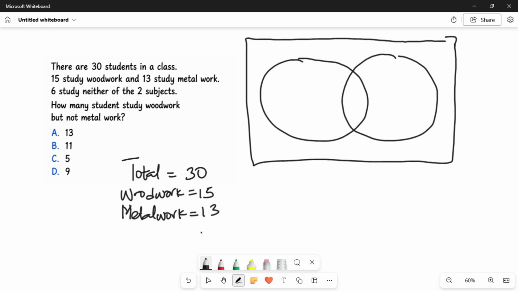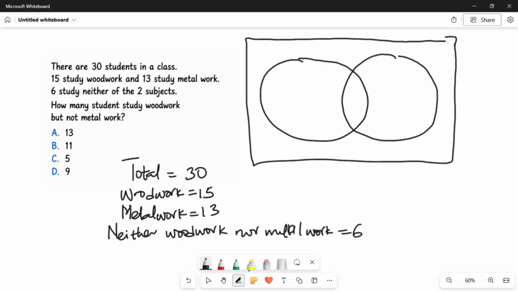Then we have students who don't study any of the two subjects, so neither woodwork nor metalwork. That's equal to 6.